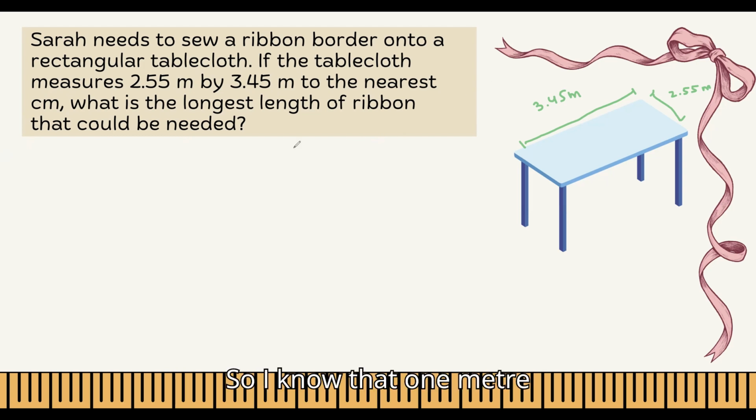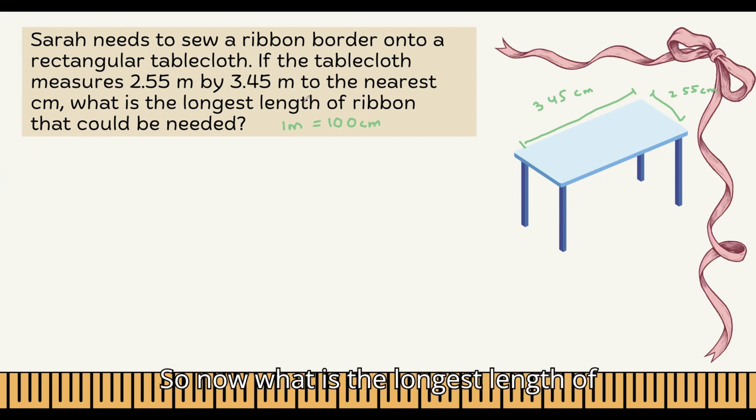I know that 1 meter is 100 centimeters, so to convert this, I have to multiply this by 100. So this is going to become 345 centimeters, and this is going to become 255 centimeters.